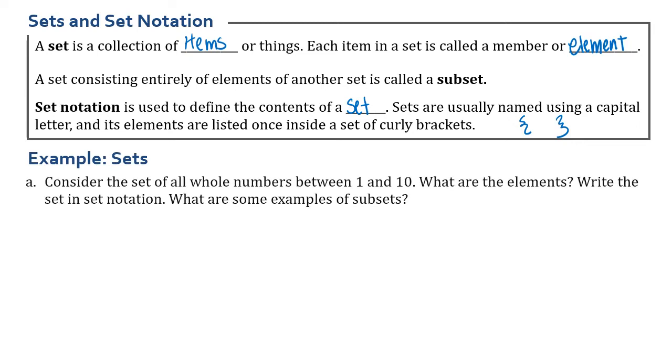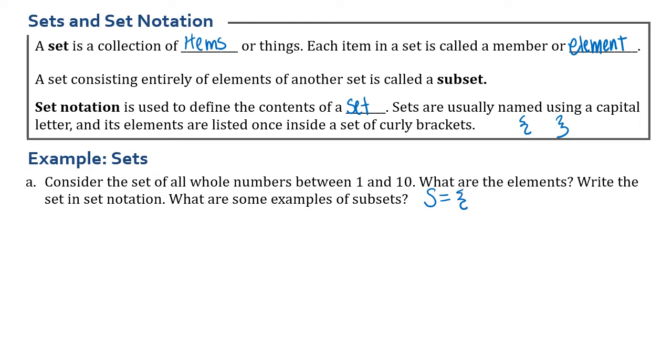So let's look at some examples of these. Consider the set of all whole numbers between 1 and 10. What are the elements? Write the set in set notation. What are some examples of subsets? If I were writing out this set, we can call it S, capital S. We'd be listing out all the elements in there.